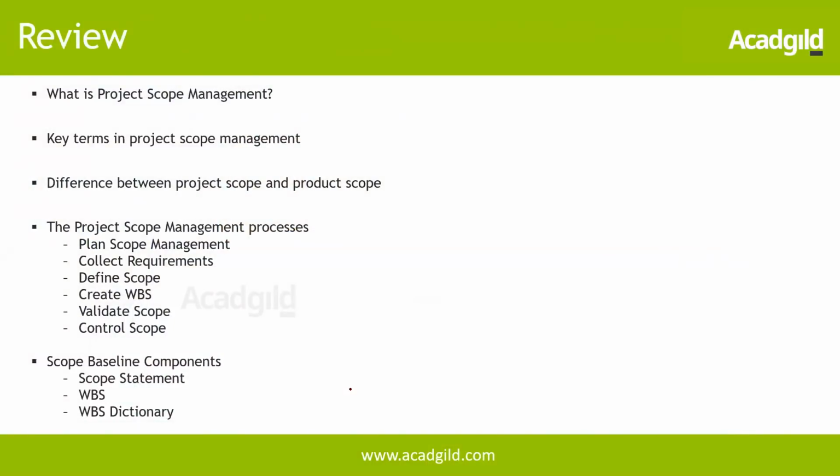Then key terms in the project scope statement: we looked at the product scope and project scope. Then the project scope management processes, and we also saw the scope baseline components like scope statement, WBS, and WBS dictionary. So this concludes the project scope management knowledge area.